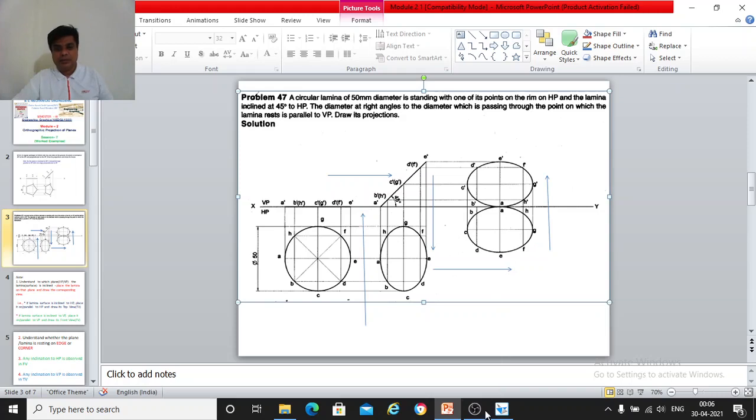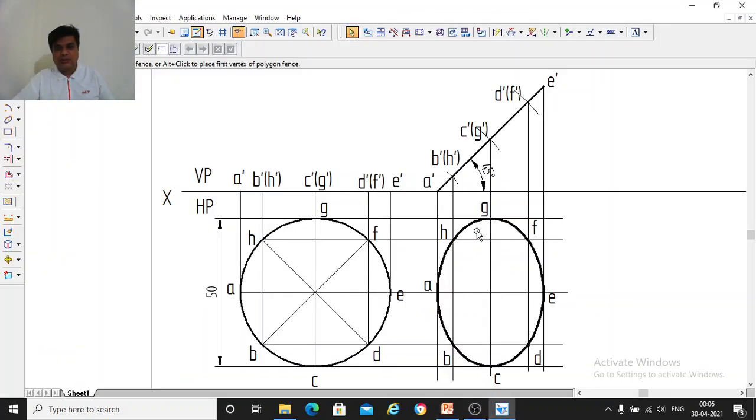So you should redraw this circle here in top view in such a way that this CG will be parallel to the vertical plane. So take that top view, rotate it and keep it here so that CG will be parallel to the XY line.